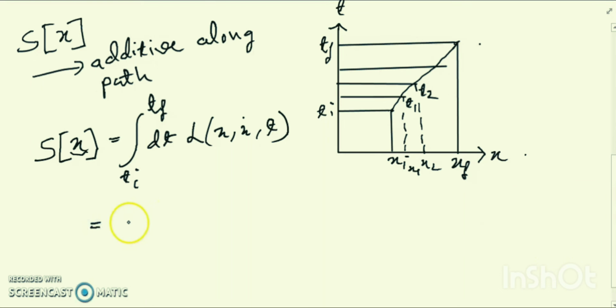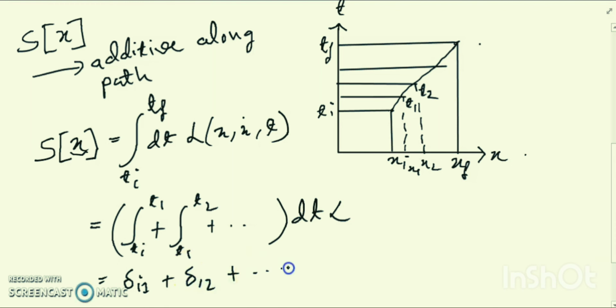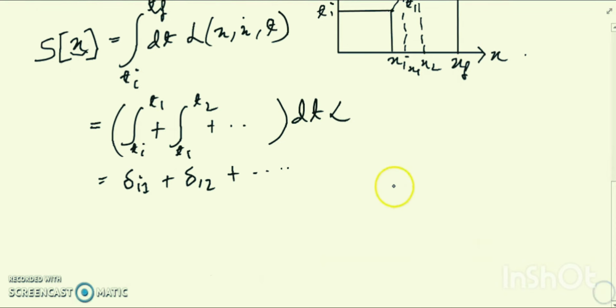As you slice the entire time, you can write this way: ti to t1 plus t1 to t2, plus up to the nth term of L. So this can be written as delta S12 plus delta S23 plus dot dot dot up to the last term, delta S n comma n plus 1.